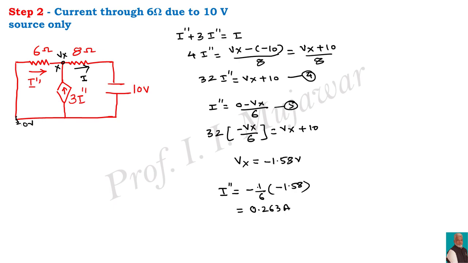In the final step, the current flowing through the 6 ohm due to both the sources is I 6 ohm, equal to I dash plus I double dash. This value is 0.658 ampere.